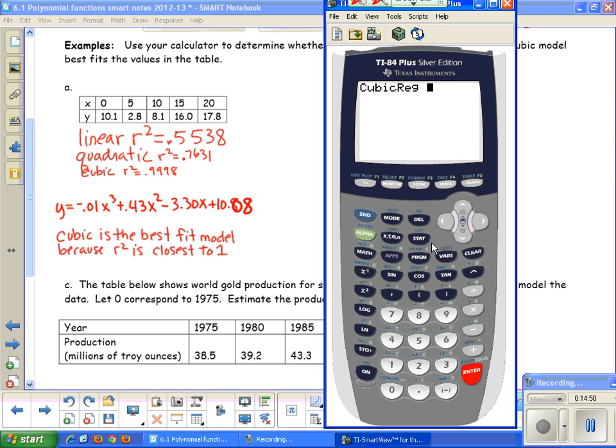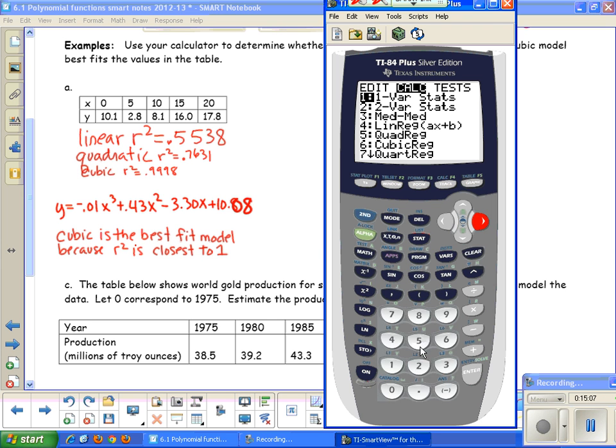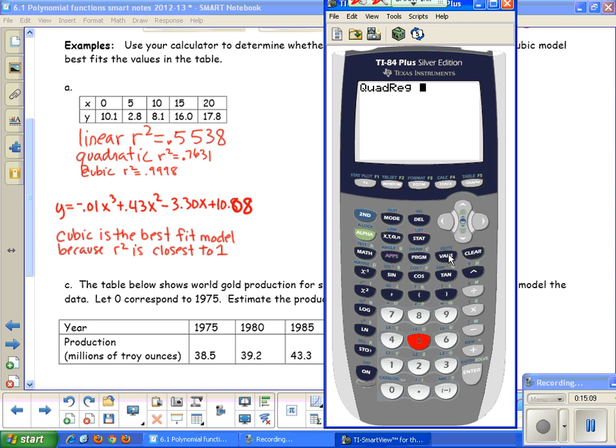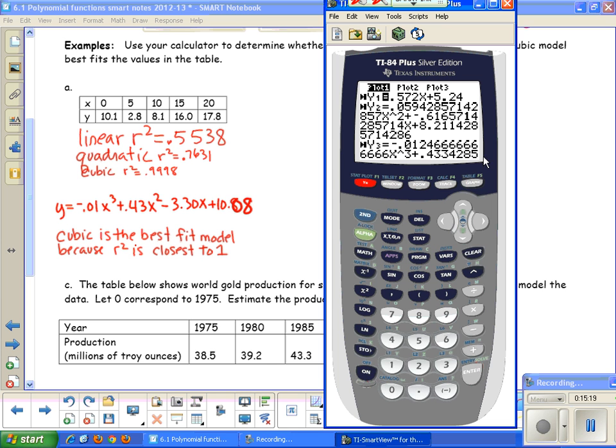Oops, I did cubic, so I'll do this into y3: vars, y vars, function, y3, because I want to do my quadratic in the other one. Enter. And then stat, calculate, number 5, vars, y vars, function. I'm going to put it in y2. Enter.